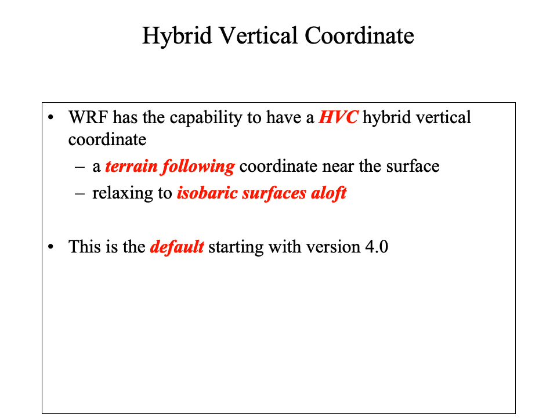The user is allowed to specify what that surface is. Traditionally, around 200 millibars is sufficient. This vertical coordinate is optional, and the user may choose to have only a terrain following vertical coordinate. However, since version 4, the default has been to fully exercise the hybrid vertical coordinate.